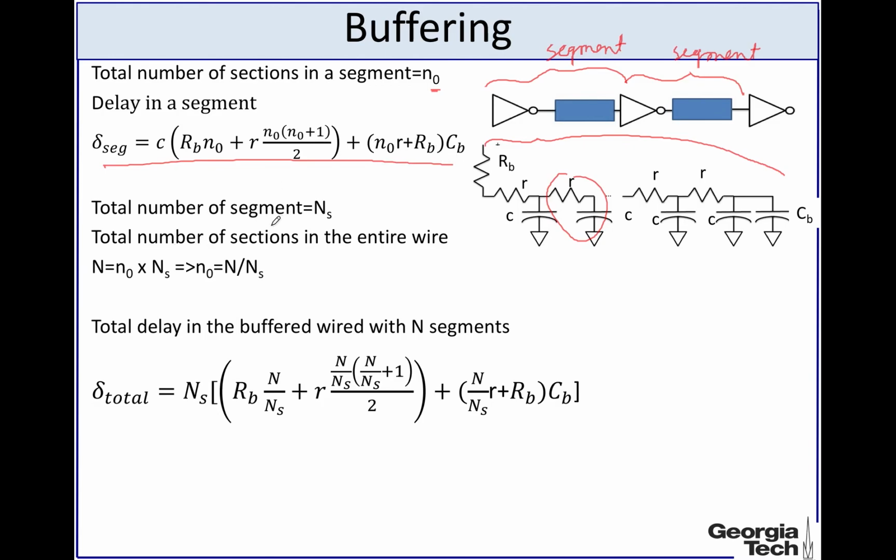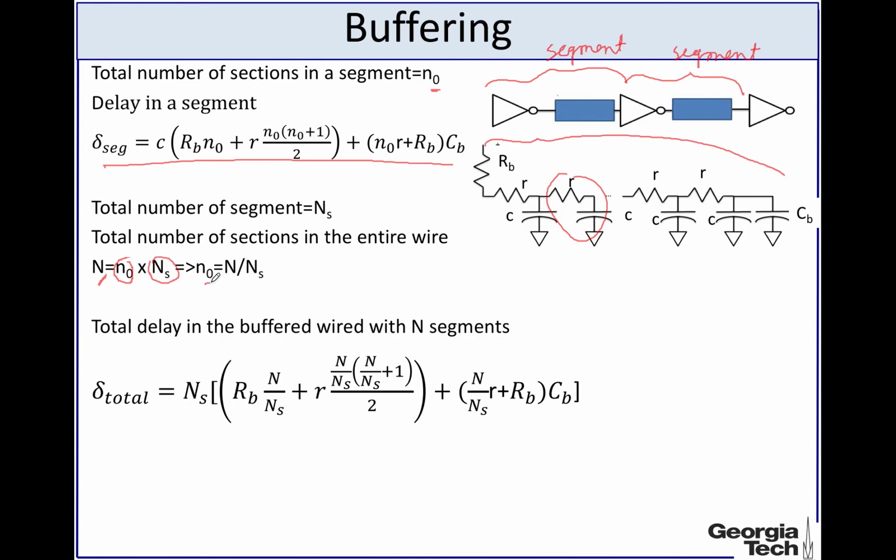Now say the total number of segments is ns, meaning that there are ns segments in the entire wire, and if there are a total of n sections in the wire, then n will be equal to the number of sections within each segment multiplied with the number of segments.